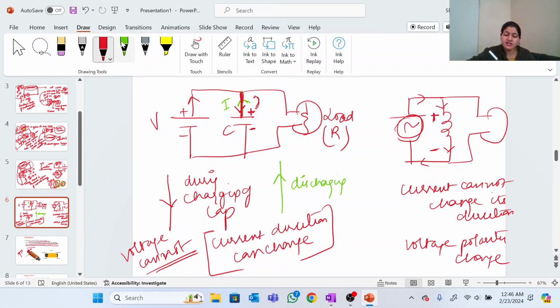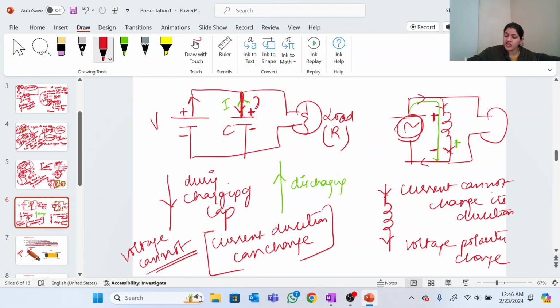So what will happen in this case? Because current was flowing like this, across inductor current will always, maybe I'll draw it with this color, flow like this irrespective of anything.